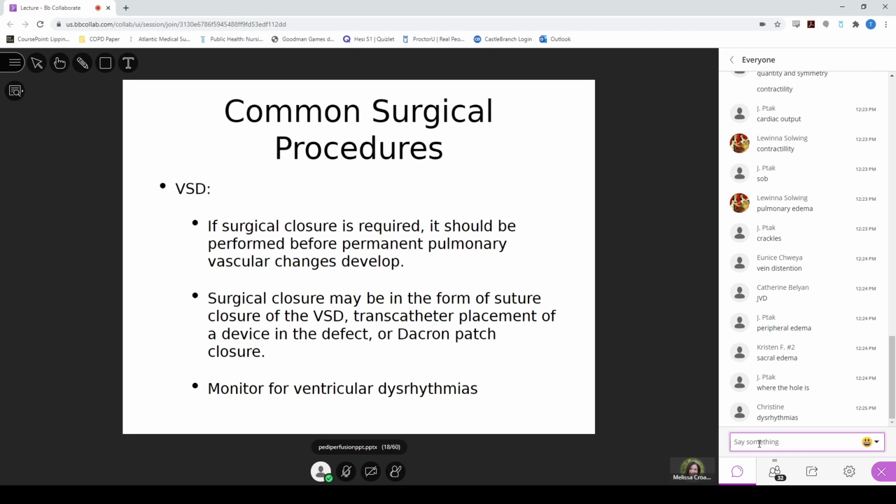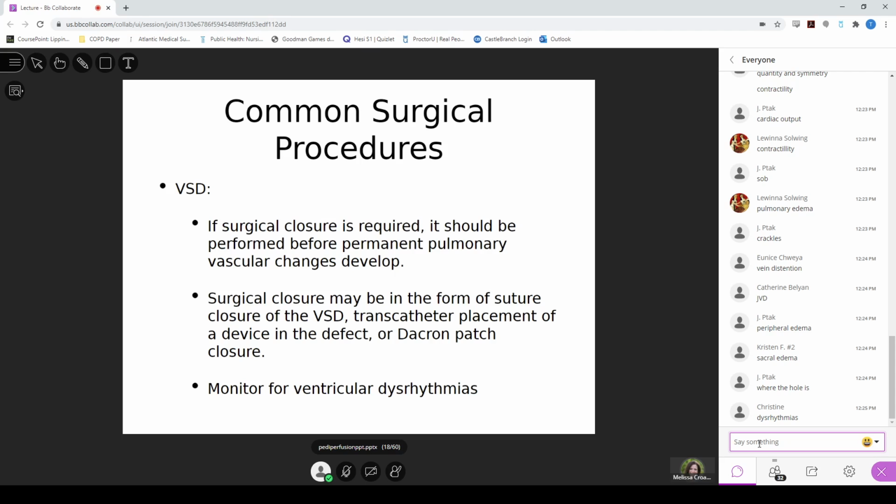So if a VSD requires surgical closure, some of them will be what you call a muscular VSD or ASD, and it will close on its own. But the ones that don't close on their own do have to have surgical closure. And it has to be done, I talked about this earlier, before any permanent vascular changes develop, before the body starts compensating to try to make everything okay, basically.